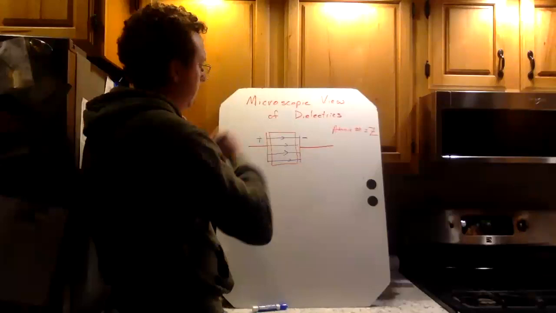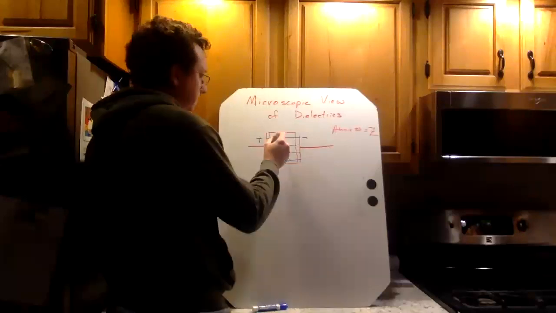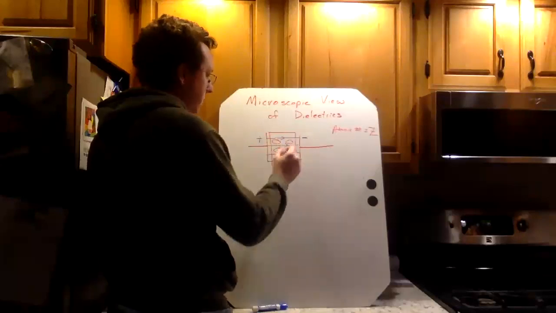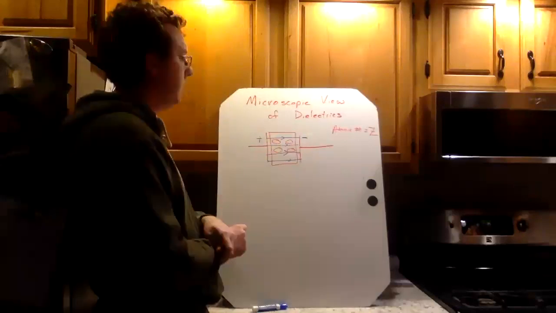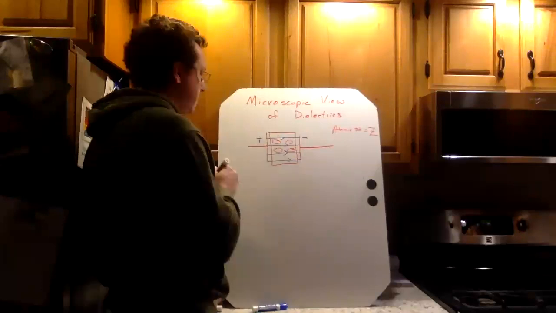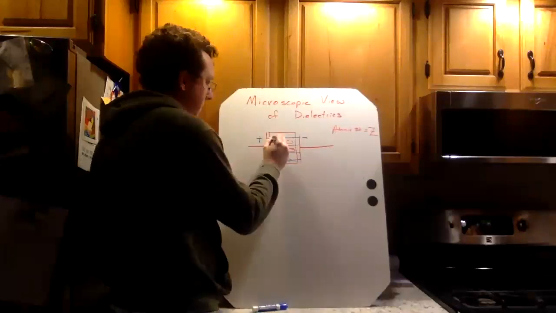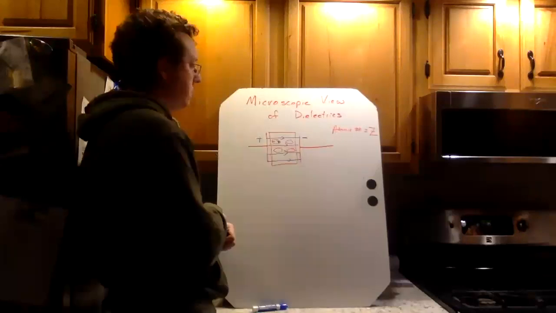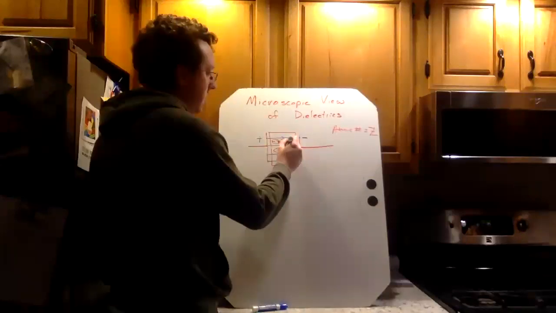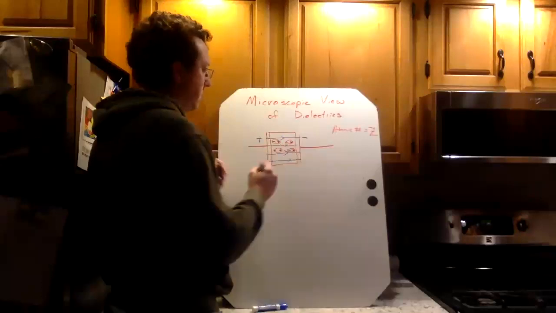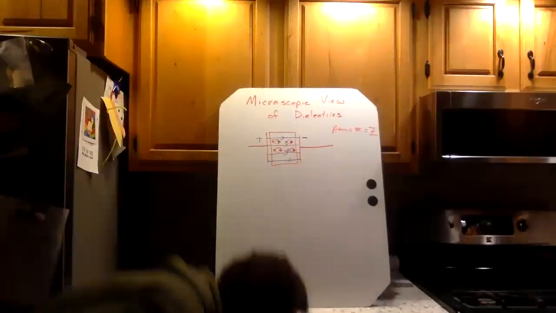The little atoms polarize into dipoles. The negative charge moves towards the plus side, and the plus charge goes the other way. So I'll have minus and plus, minus and plus, minus and plus. Hopefully that's clear.